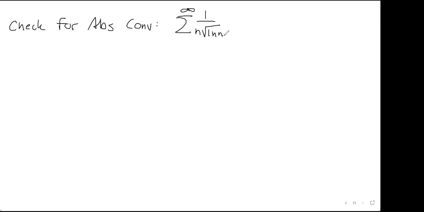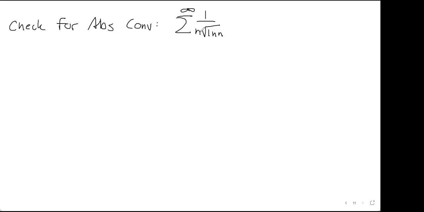If you try a comparison test, you might think, what if we compare it to 1 over n? That ends up not working. You get 0 or infinity depending on which one you write in the top of the fraction, and that says that you can't use the limit comparison test.